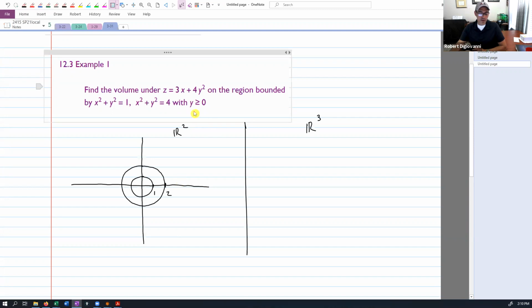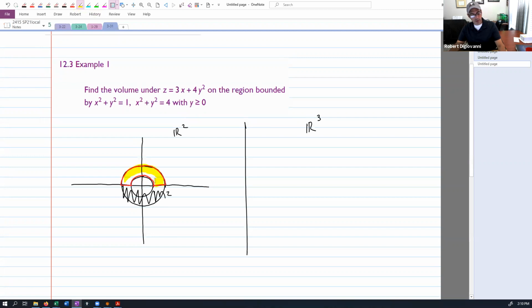And y is greater than 0, which means that we can't be looking at the bottom half. So we are only looking at this region right here. That's our domain.